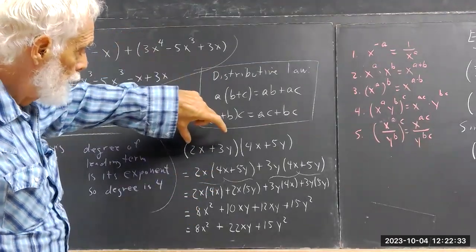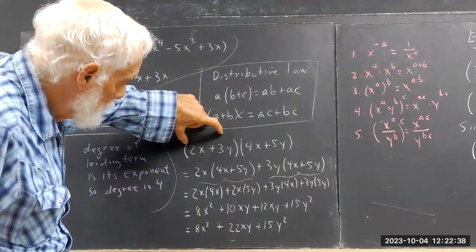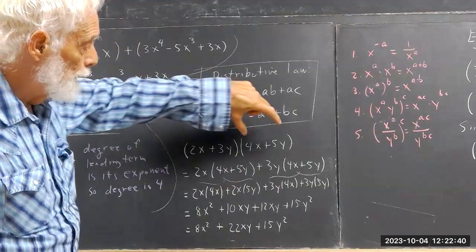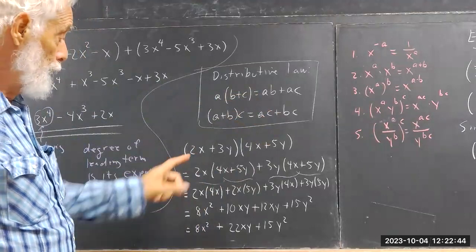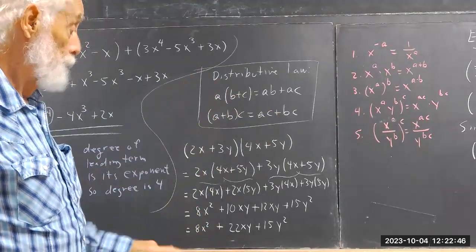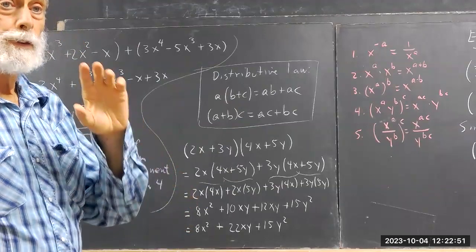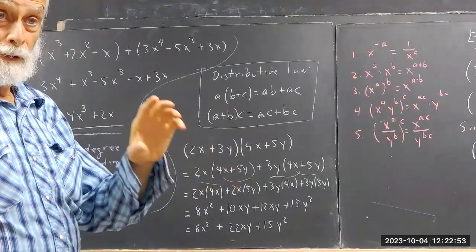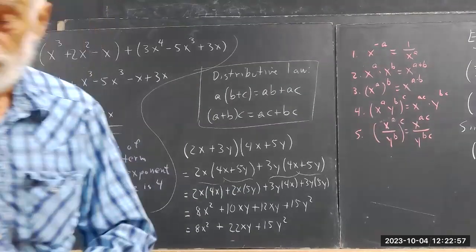We can use that to multiply the sum of two terms by the sum of two other terms. Okay. And that's how we did it. So that's really all you need to know. Now you get more explanation. You'll see videos with more examples, but it's all you need to know in order to do homework.